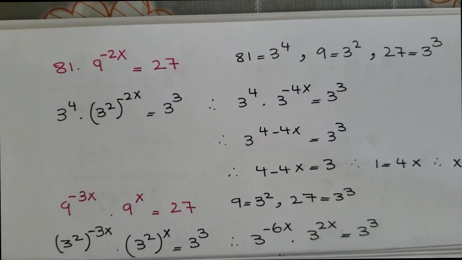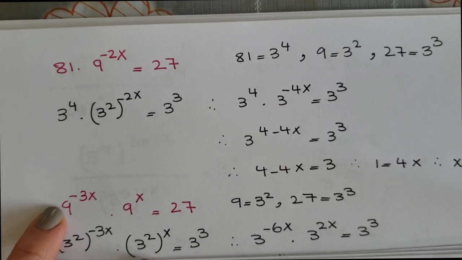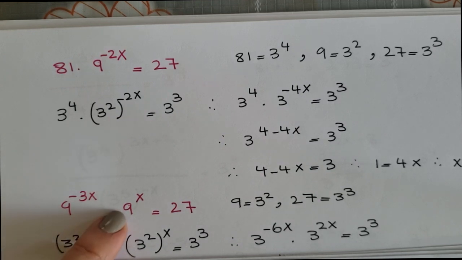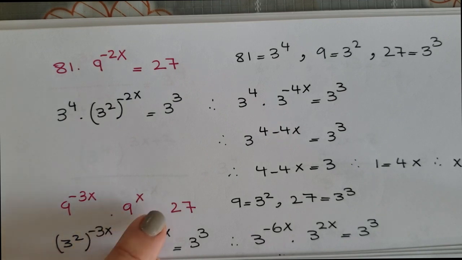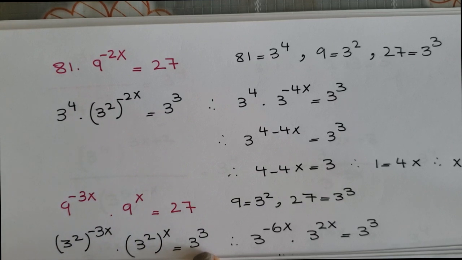Okay, so what I'll do next, I just simply substitute the bases. So here, instead of 9, I put 3 to the power 2. Instead of this 9, I put 3 to the power 2. Instead of 27, I put 3 to the power 3. Then simplify. This is 2 times negative 3x, negative 6x, 2 times x, and this doesn't change.